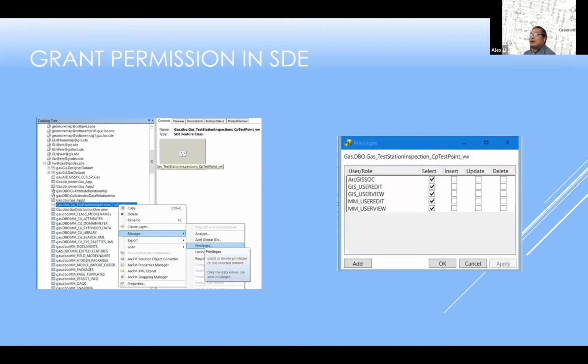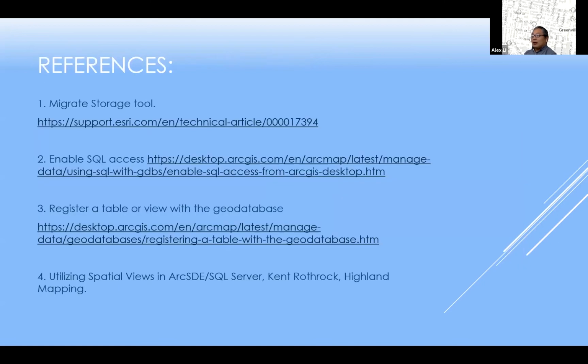So of course, we are almost there, but we have to do one more thing before we can use the spatial view. That's granting the permission for users to see and use the spatial view. And in our case, we grant the permission to different groups of people.